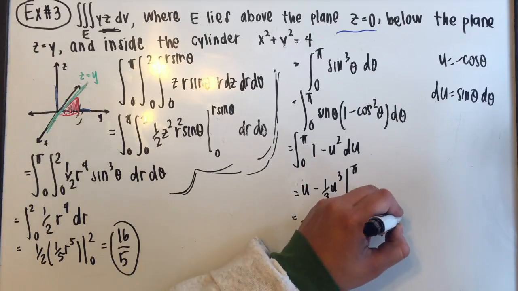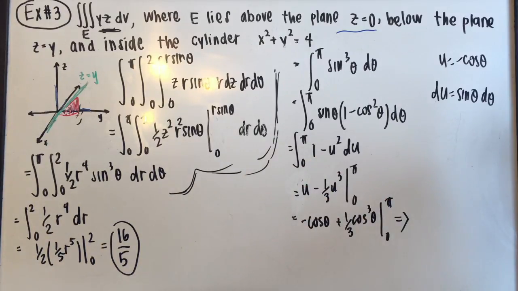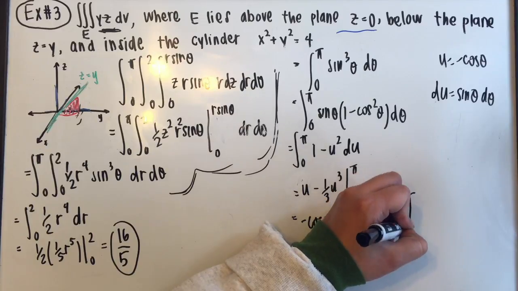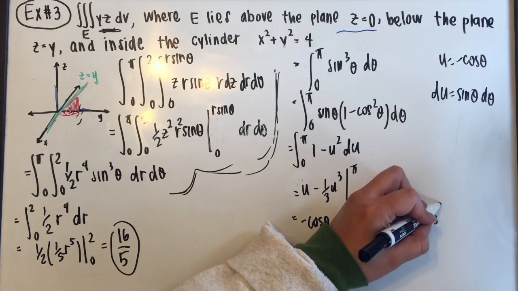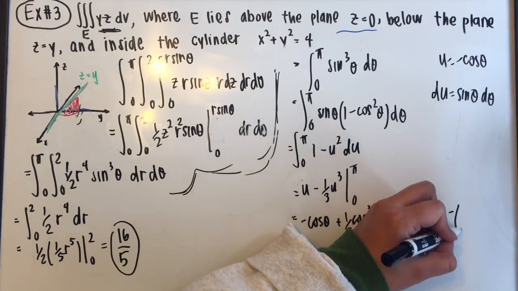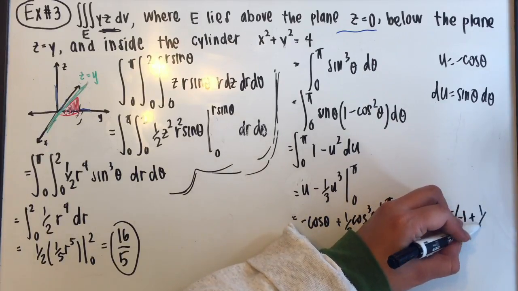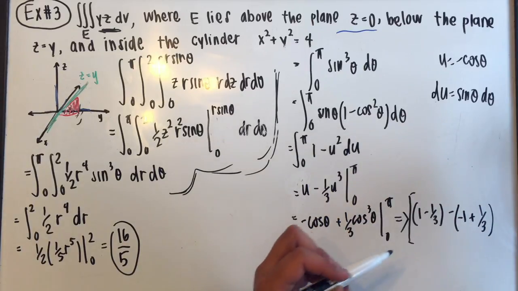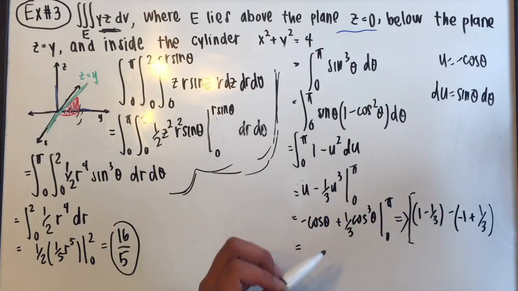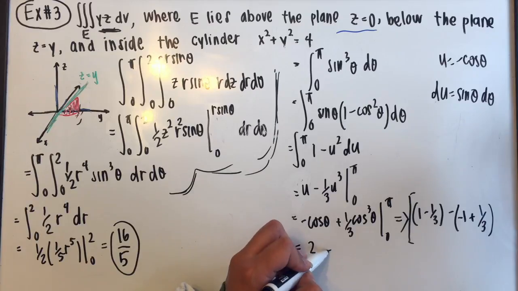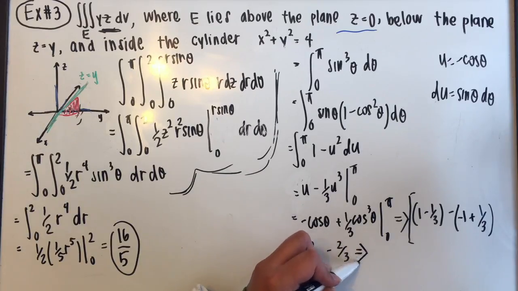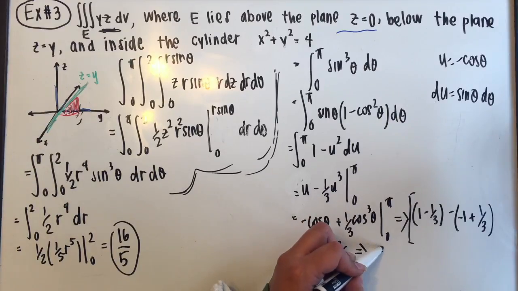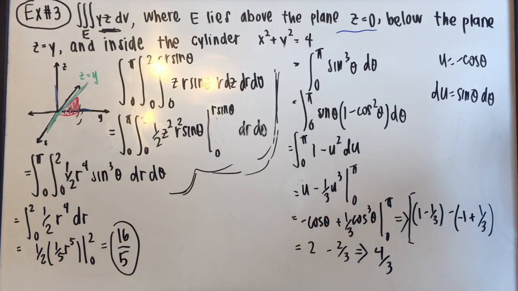So when we plug in our limits, we end up getting 1 minus 1/3 minus -1 plus 1/3, which is 2 minus 2/3, which equals 4/3. So there we have our two answers.